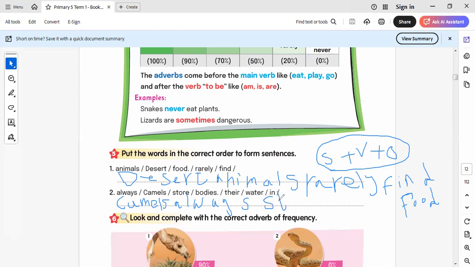Store water in their bodies. In their bodies. Let's go to another one here.